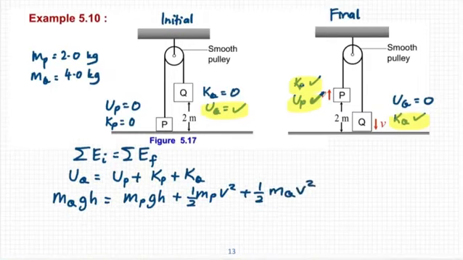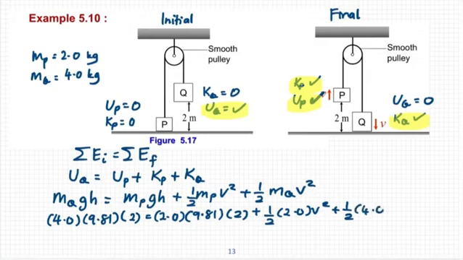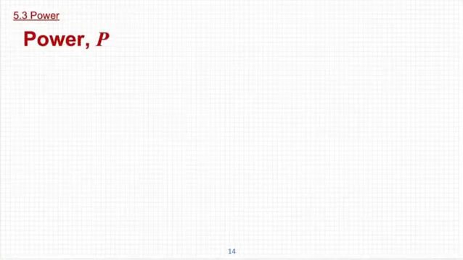And then you can substitute in all the values that are already given in the question to find V. And V will be 3.62 meter per second.